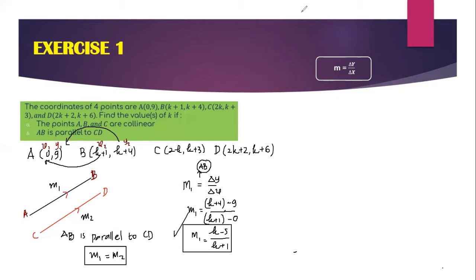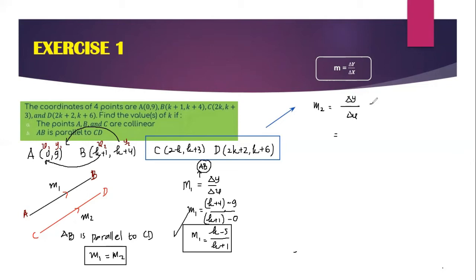Let's call this gradient M2. So M2 equals delta Y over delta X.